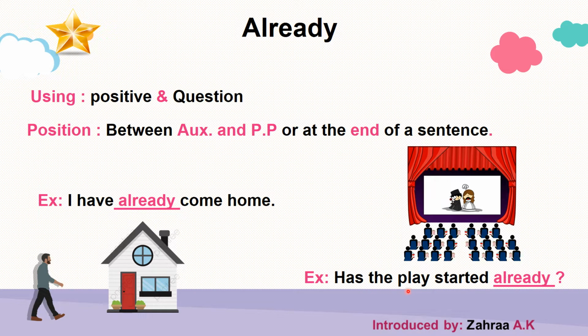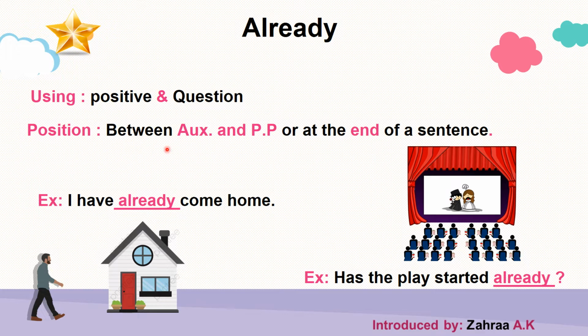The play is singular. Because it is singular we use the auxiliary has. بما أنه play مفرد، إذن استخدمنا has الauxiliary. Started is the past participle of the verb، التصريف الثالث للفعل. So the most important thing is that already is used in positive or question، نستخدمها إما positive أو question.